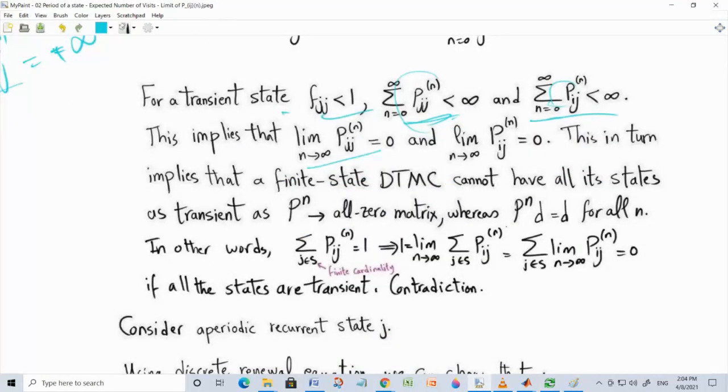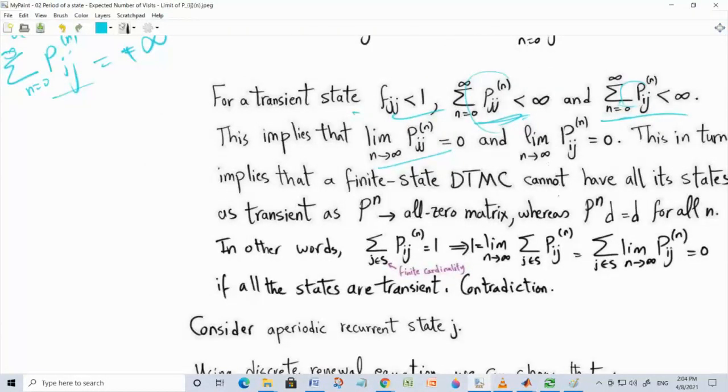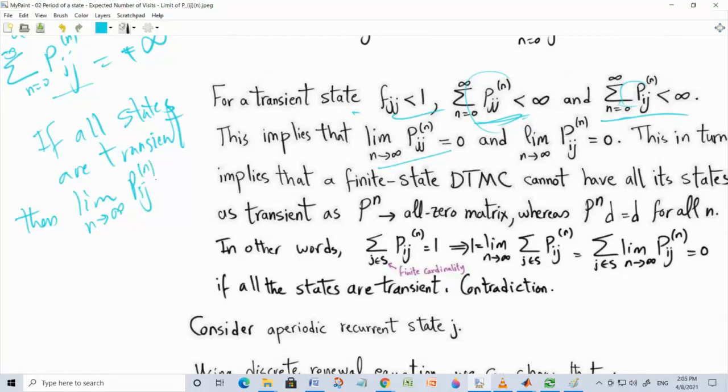We have again a finite state discrete time Markov chain. Okay, so for a discrete time Markov chain in which all the states are transient, then the limit as n goes to infinity of pij of n is equal to 0, even for i not equal to j, even for i equal to j.